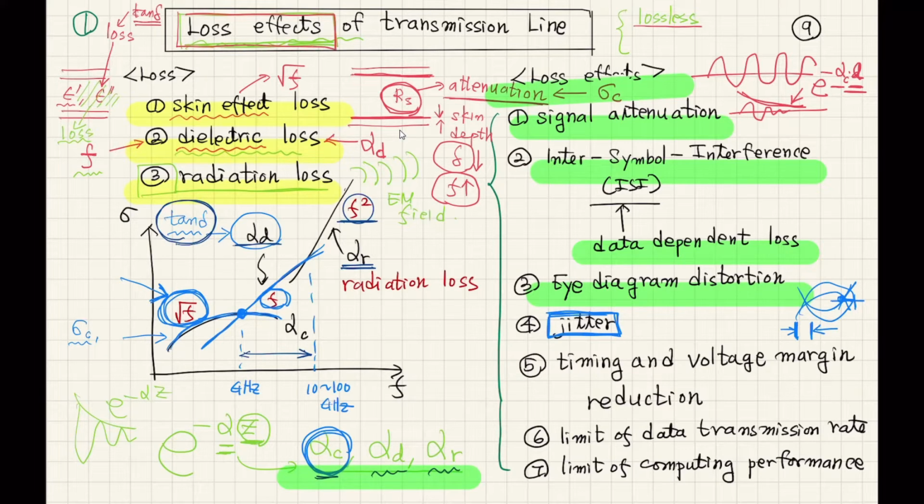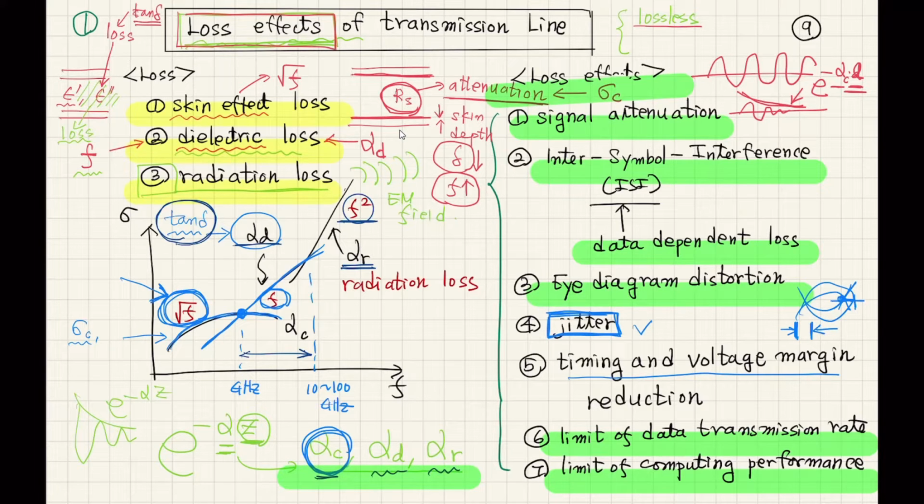So because of this jitter, we're gonna have smaller and smaller timing and voltage margin, and it will give us a limit of data transmission rate and a limit of computing performance, because now the computing performance is majorly limited by the data bandwidth between GPU and memory.